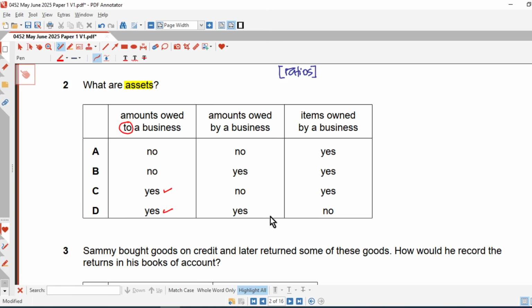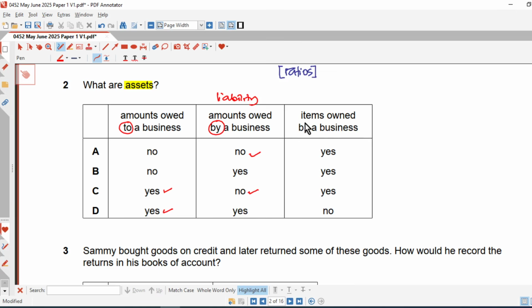Now, the second column, you have amounts owed by a business, right? The business owes money. This is not an asset. In fact, this is a liability. So the answer is no by definition.